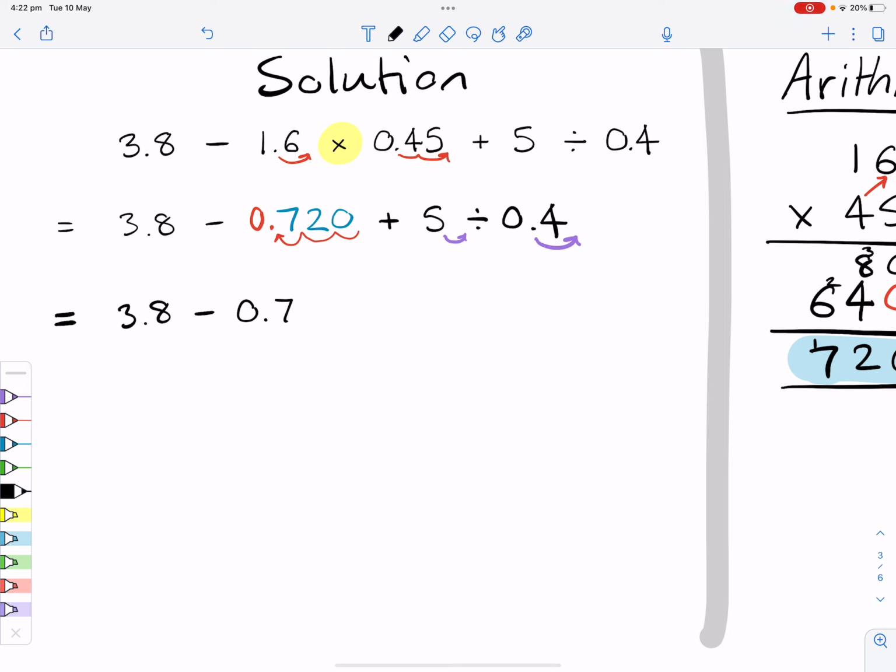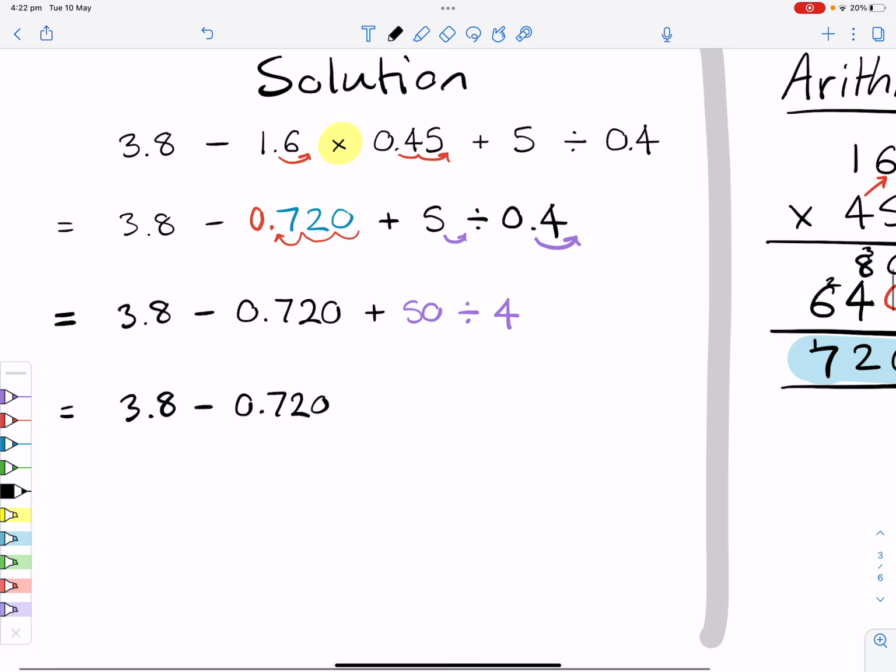So this is now 50 divided by 4. And I can use short division to finish that one. Let me just use this edge here for my arithmetic.